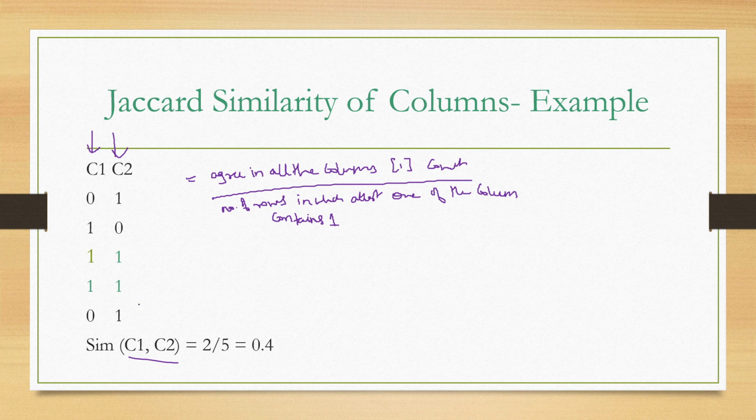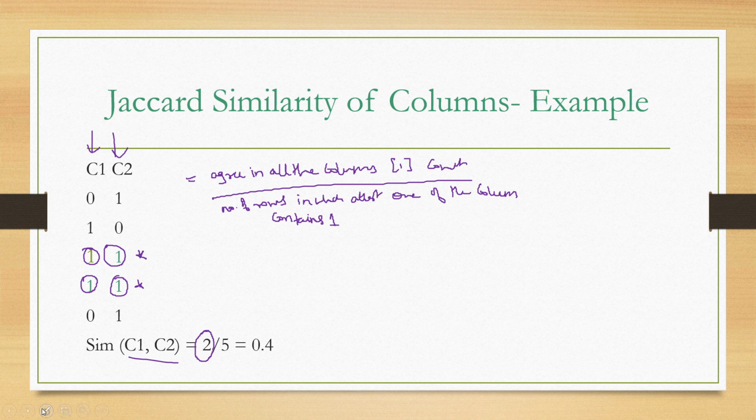Okay, so let us see here. If you see this one and this one, both the columns have 1, and only in that case you say it agrees in all the columns, that is, it contains 1 and you have to count them. So here we have 2. Next, the denominator is all the rows in which there is at least a 1 in either of the columns.